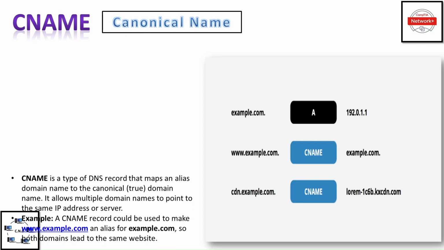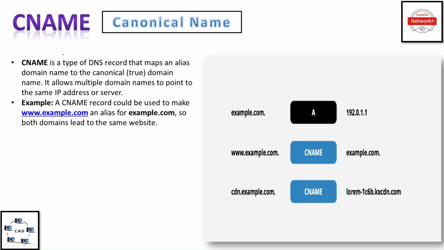CNAME, that is canonical name. CNAME is a type of DNS record that maps an alias domain name to the canonical true domain name. It allows multiple domain names to point to the same IP address or server. For example, a CNAME record could be used to make www.example.com an alias for example.com so that both domains lead to the same website, and the same concept has been shown here.